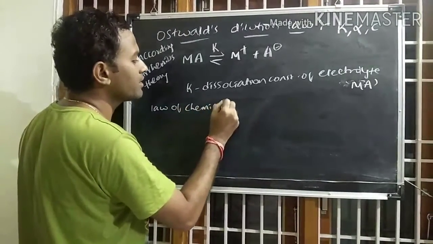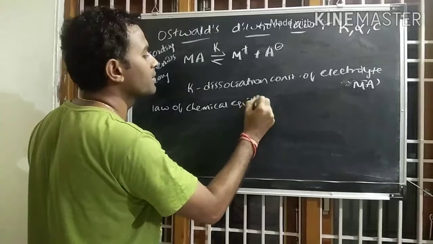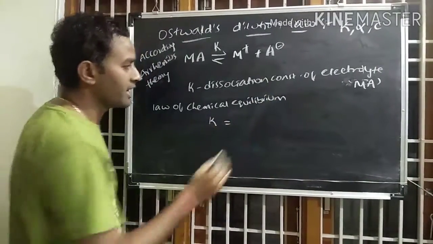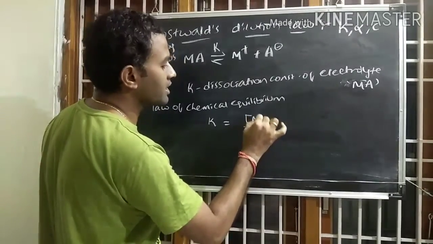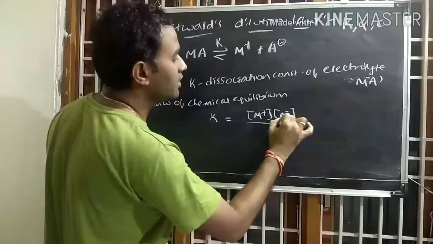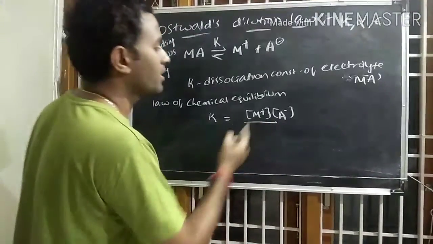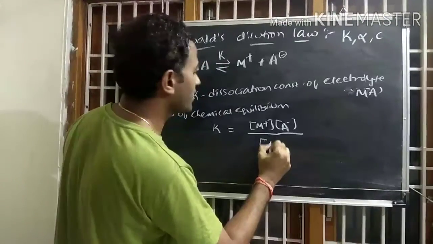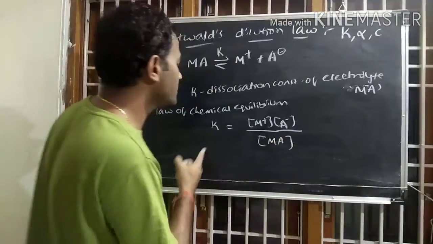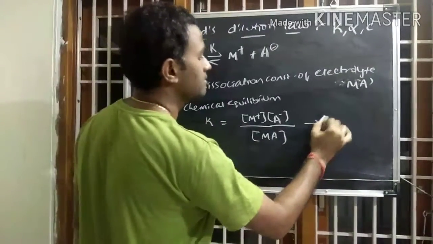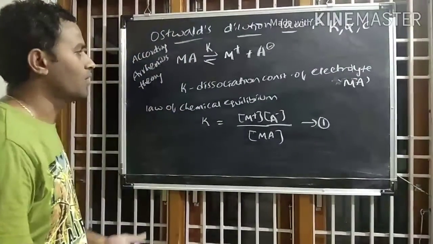By applying the law of chemical equilibrium, the dissociation constant can be written as the product of concentration of products to that of concentration of reactant. So this is based on the law of chemical equilibrium, right? This is equation 1.